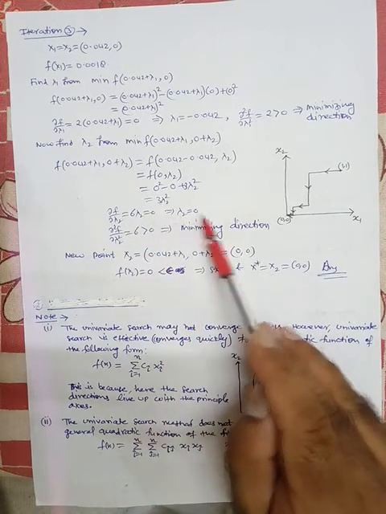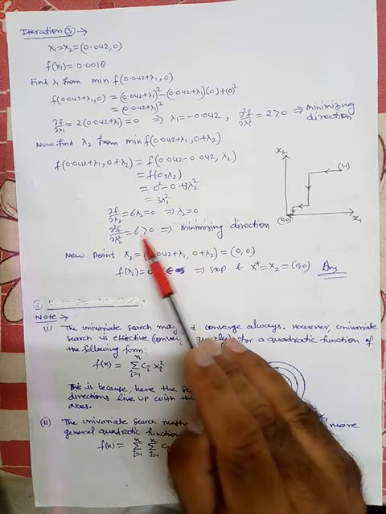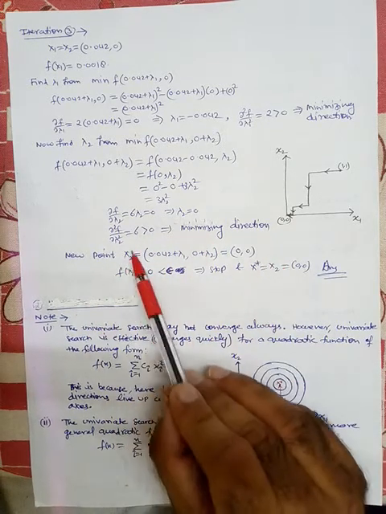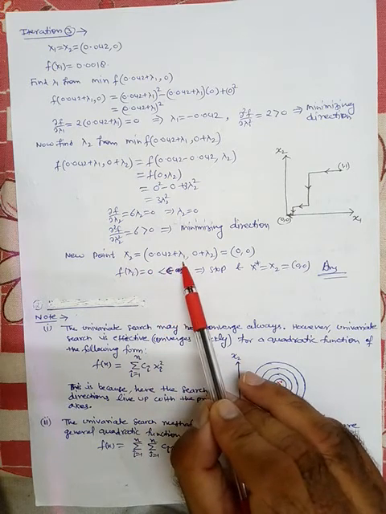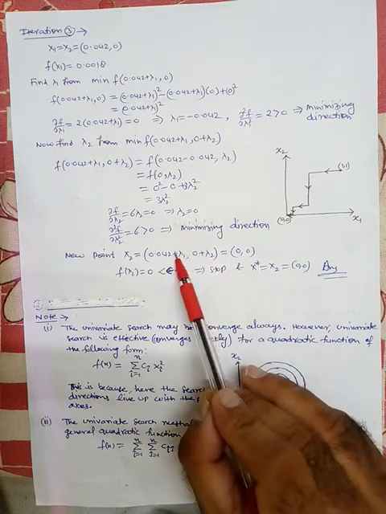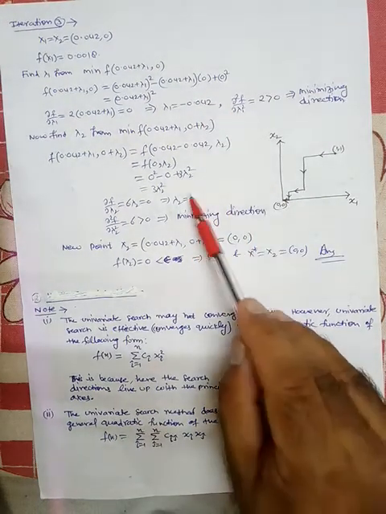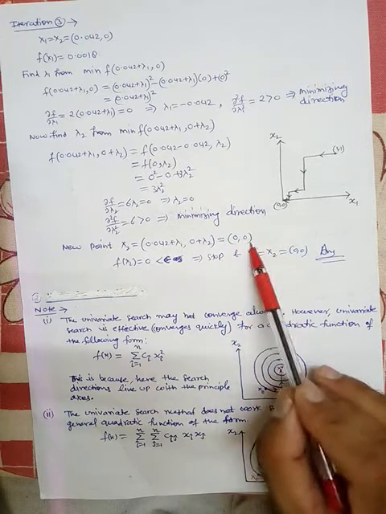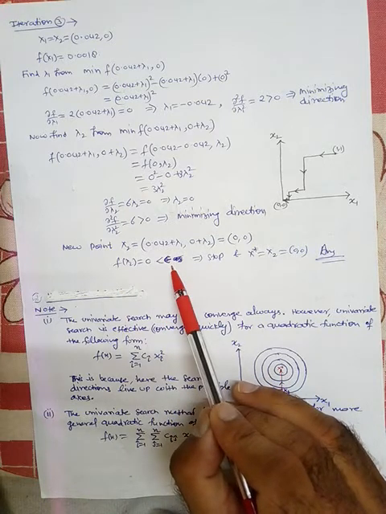So from here lambda 2 is 0, and the second derivative is 6, which is positive. So minimizing direction. So the new point x2 is equal to 0.042 plus lambda 1 and 0 plus lambda 2. Putting in these values, we get 0 0, that means the origin point.